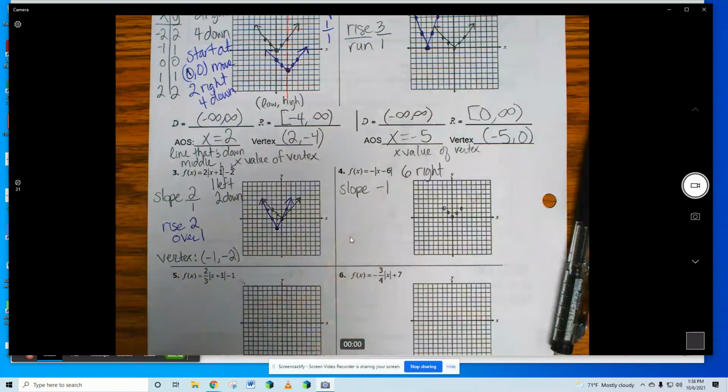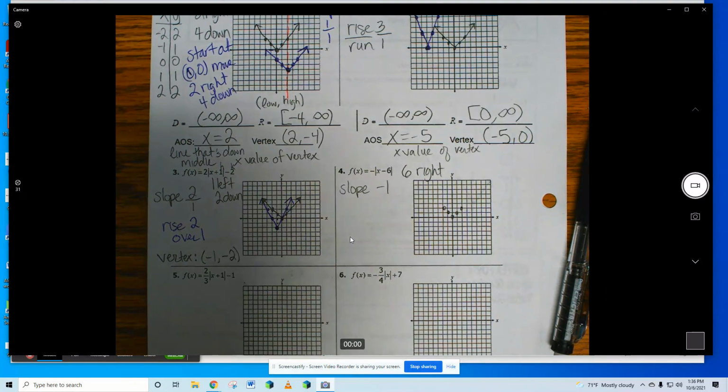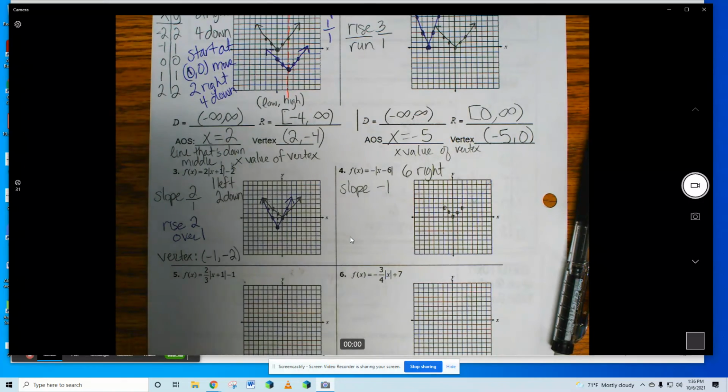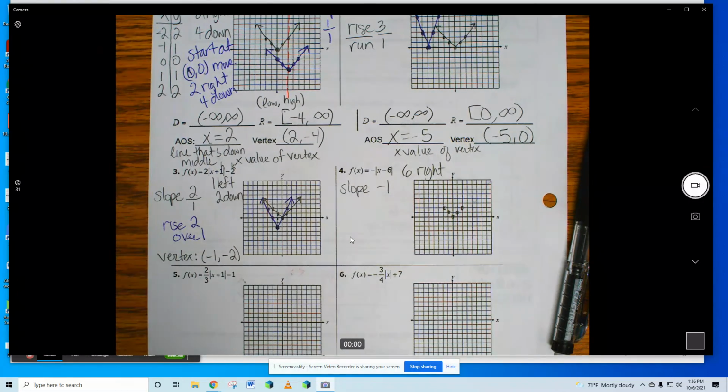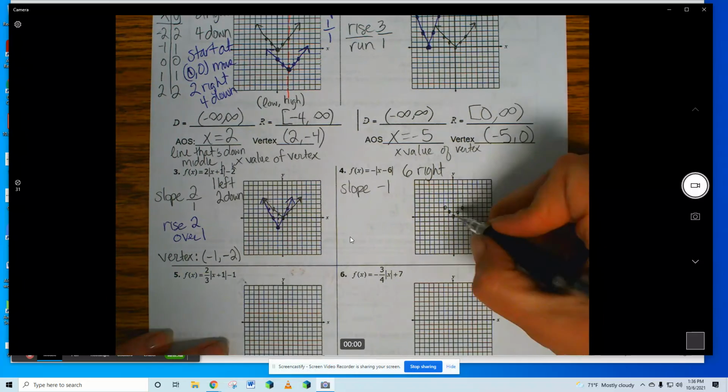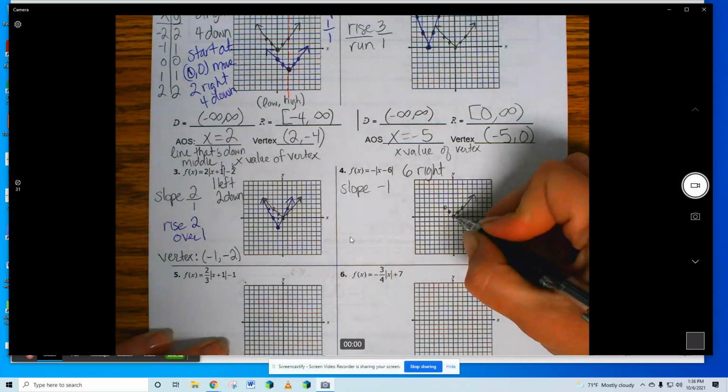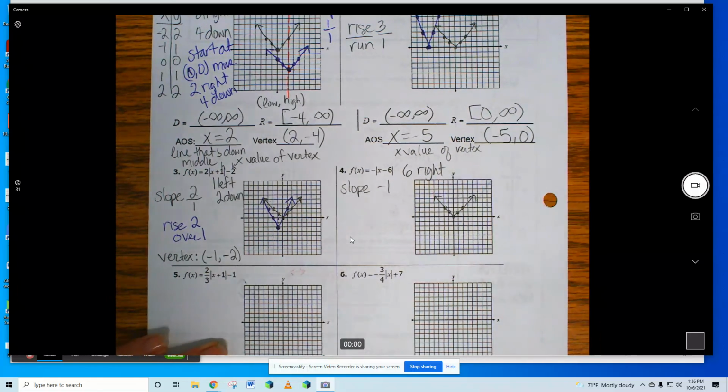Okay, I'll slow down. Shift my whole graph 6 to the right, but it's going downward.